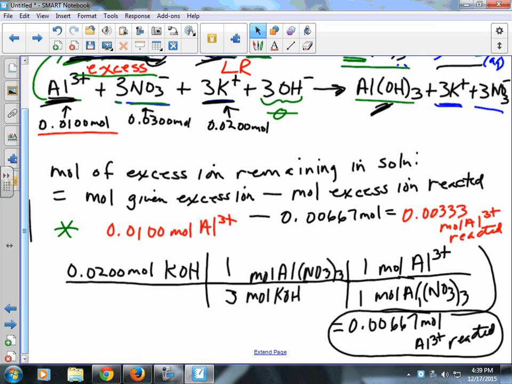For silver nitrate and sodium chloride, you would have to apply it to that reaction. But that's how you find the first bonus. You probably would want to pause the video at this moment and go back through this again, because this is the hardest part of the bonus, figuring out how many moles of excess ion are left in the solution.